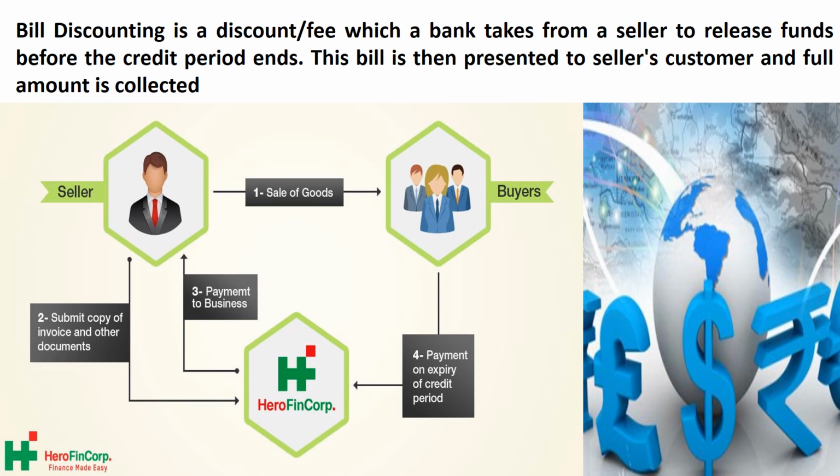This overall process is the bill discounting process, and it requires a document. There are some terms: true discount, face value, banker's discount and banker's gain.